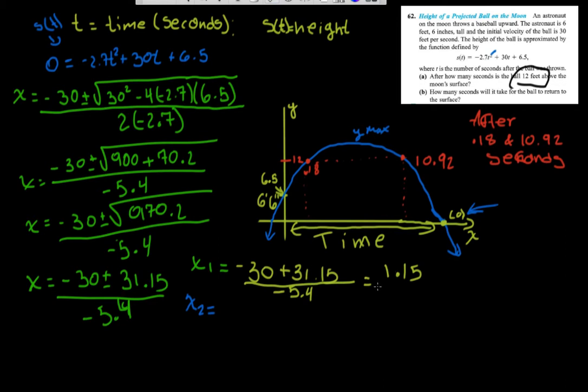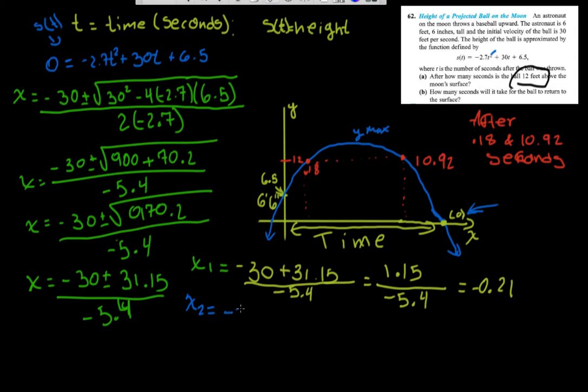In the bottom we're going to divide it by negative 5.4, which is going to be negative 0.21.